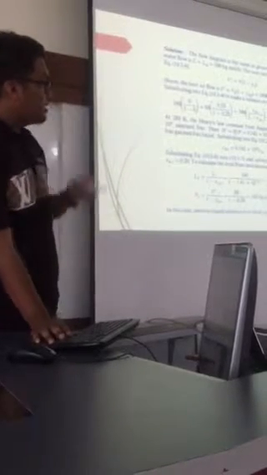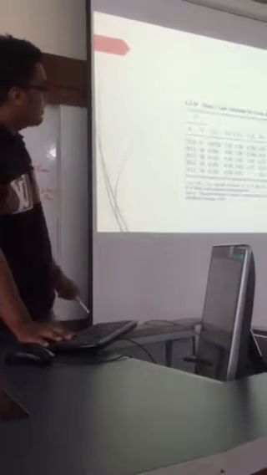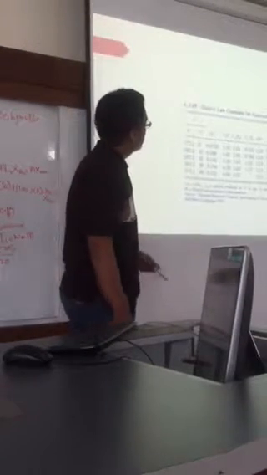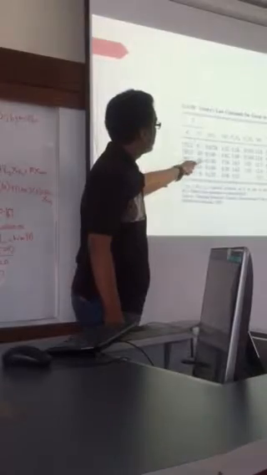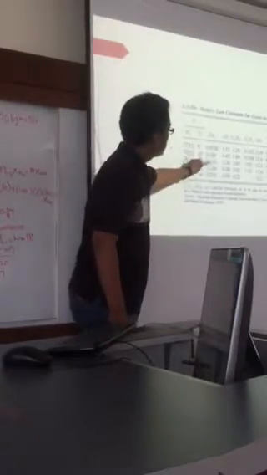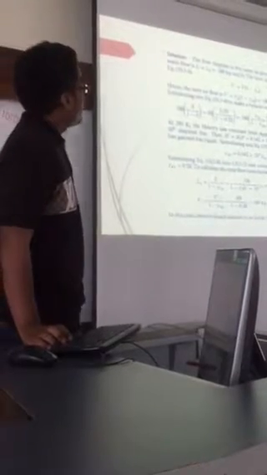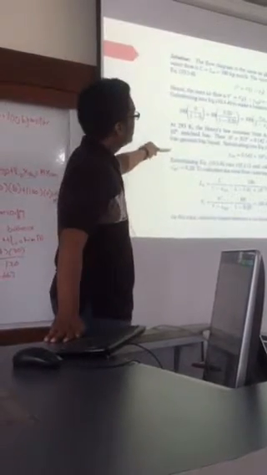Taken from the A3 graph table, at 293 Kelvin, for CO2, it is 0.142. And then we get the second equation.